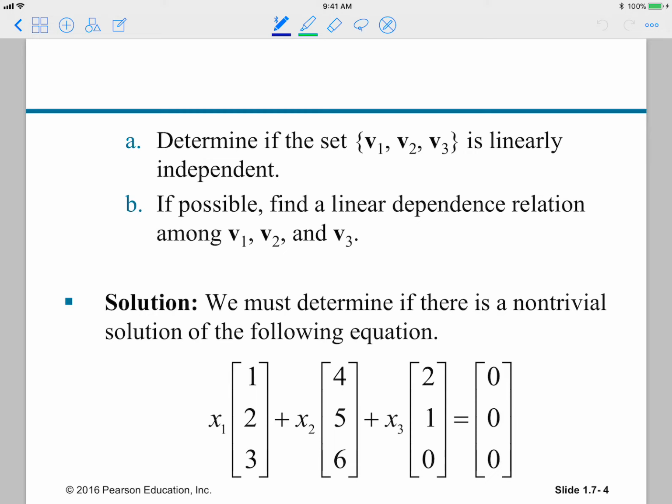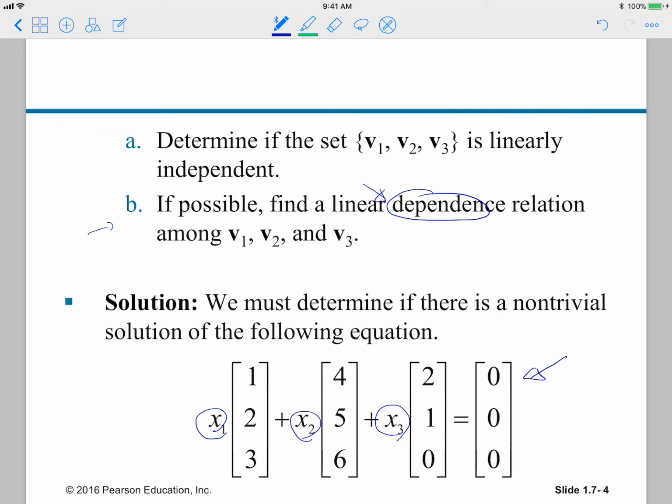And if they are linearly dependent, the second problem is to obtain an actual non-trivial solution. If they are linearly dependent, this homogeneous linear system will have a non-trivial solution with non-zero values for at least one of these variables, and we want to find a particular non-trivial solution that satisfies this.